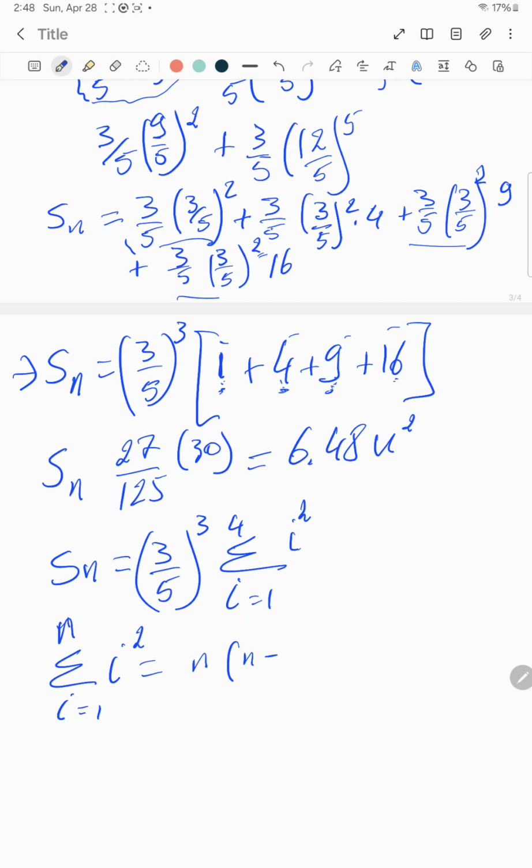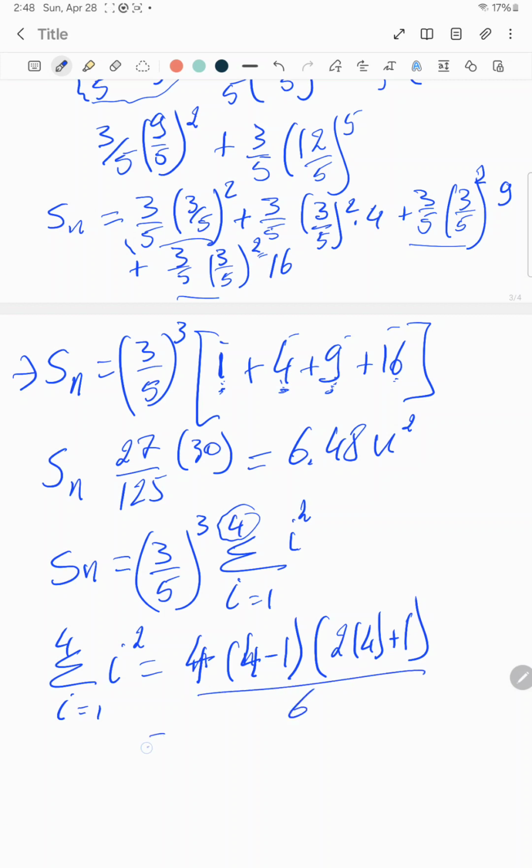Actually here i to 4, not i to n, because I have the 4 here, so I have to put the 4 there, and then it becomes here 4 minus 1, and then the last one becomes 2 times 4 plus 1 divided by 6. So it is equal 4 times 4 minus 1 is 3, and 2 times 4 is 8, plus 1 is 9, and divided by 6.